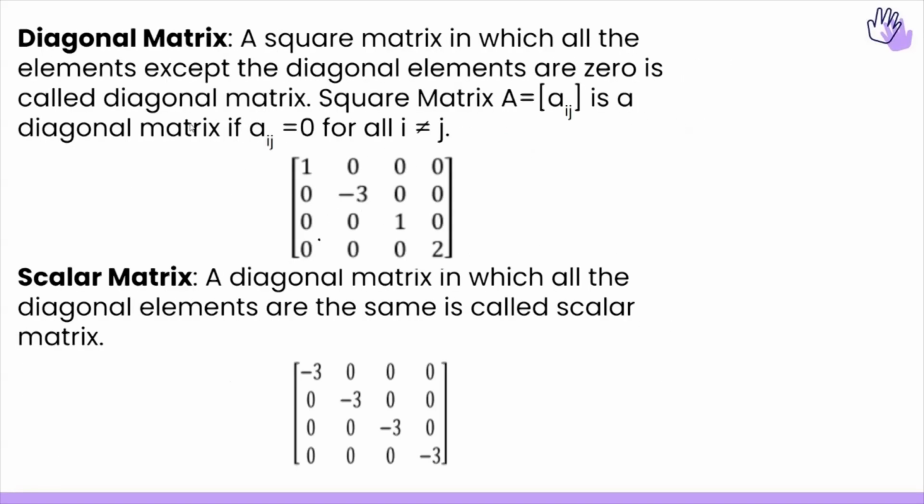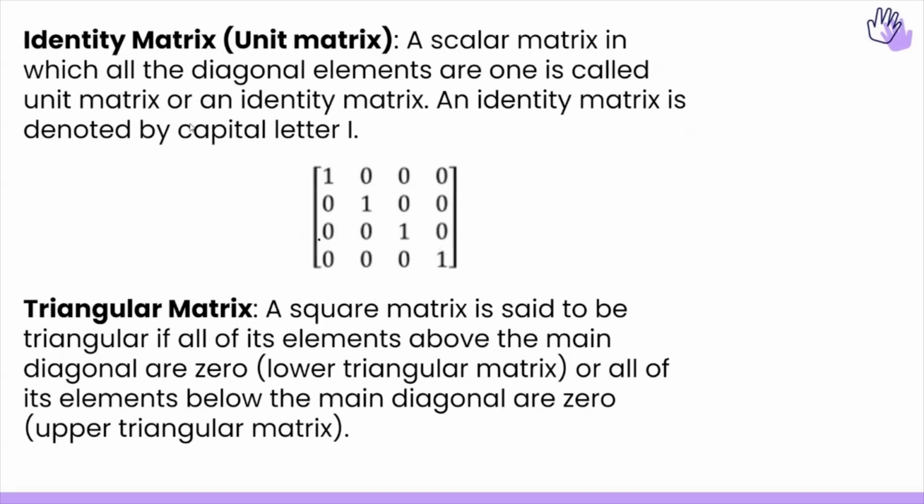So coming to the next matrix, that is the identity matrix. A scalar matrix in which all the diagonal elements are one is called a unit matrix, right? So this is an extension. First you have seen the diagonal matrix, from this you have got the scalar matrix, and from the scalar matrix you got the identity matrix.